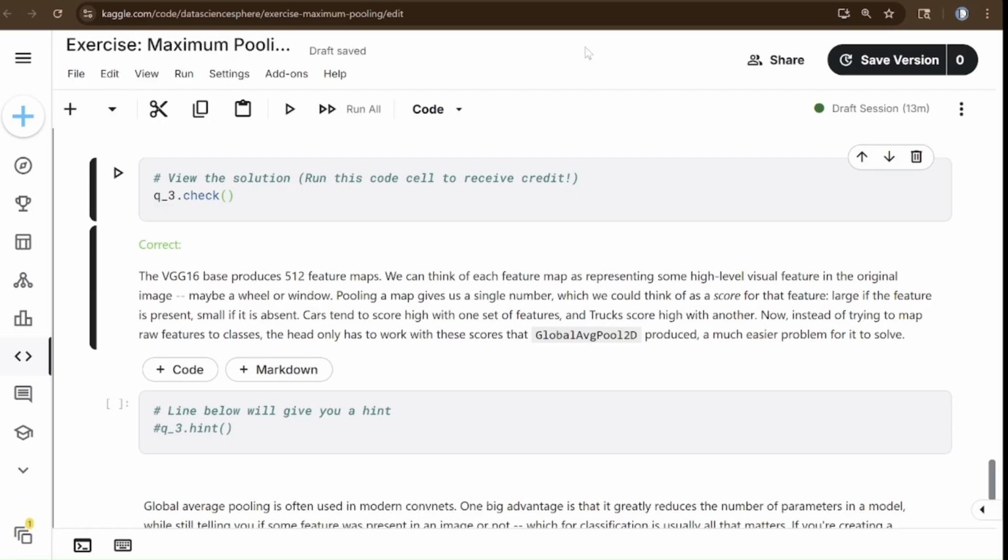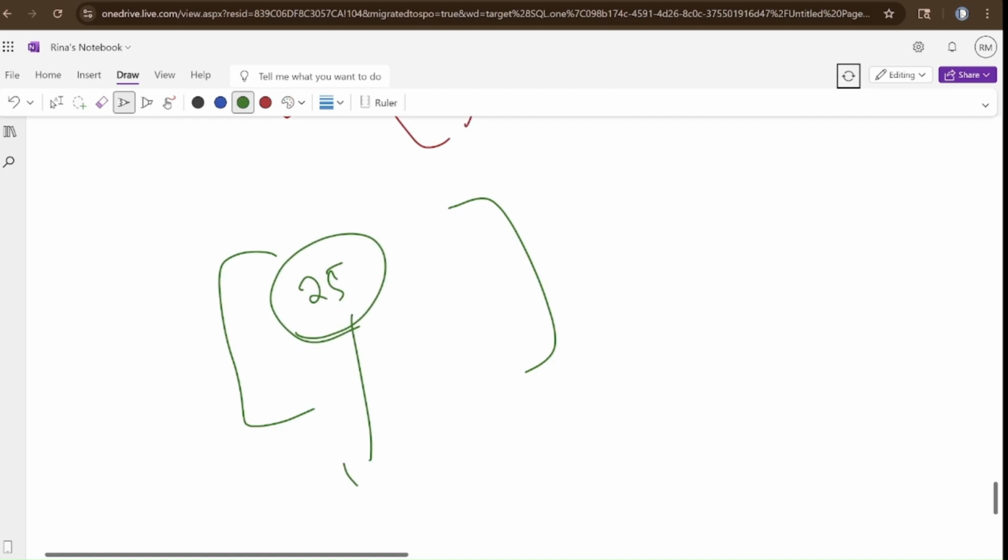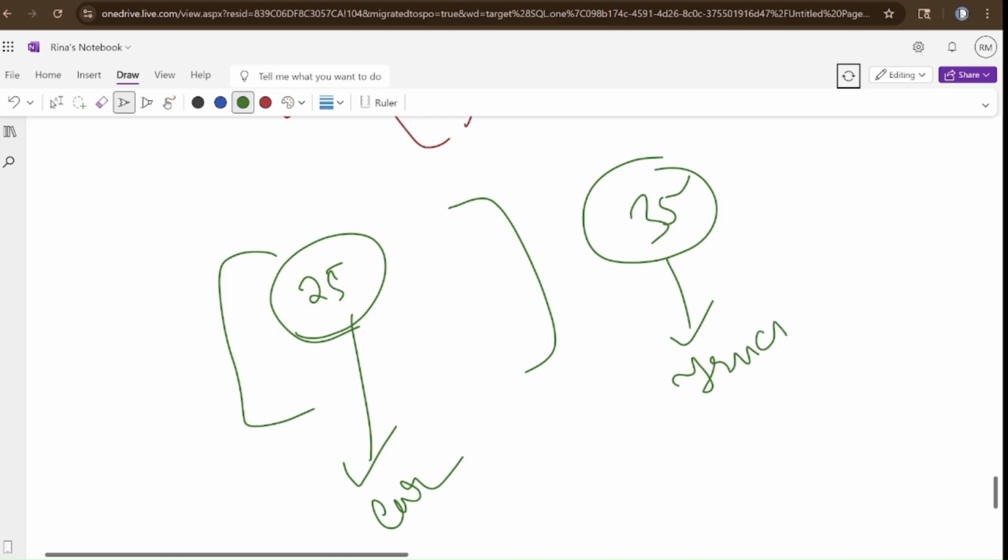So you understood what they have said? After you have done the global average pooling, you are getting some score. Let's say this is the score. If the score is like this, you can tell this is more like a car. If the score is like this, you can tell this is more of a truck. That is done by the head part.